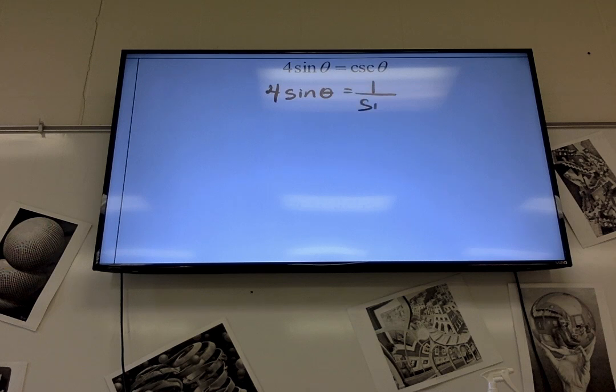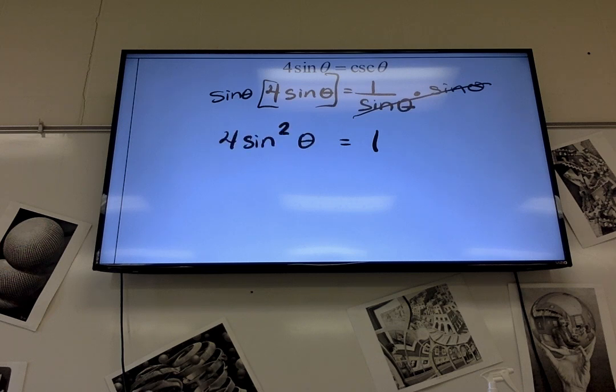Change the secant to 1 over sine. All right, now what do I do? How do I get rid of this sine on the right-hand side? Multiply it by sine. The sines over here cancel, and you get 4 times the sine squared of theta.